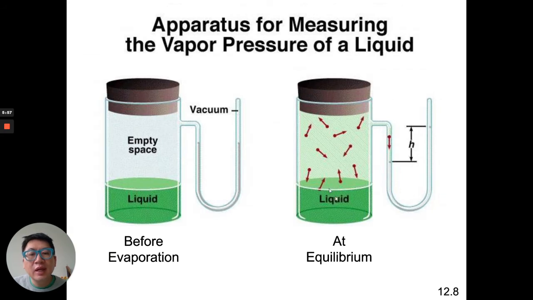So at equilibrium, when it turns from a liquid to a gas and it turns gas back into a liquid, that is equilibrium vapor pressure. And the pressure of this gas is defined as equilibrium vapor pressure. But when this equilibrium vapor pressure is equal to 1 atmosphere, that means it turns into a gas as easily as it turns back into a liquid.